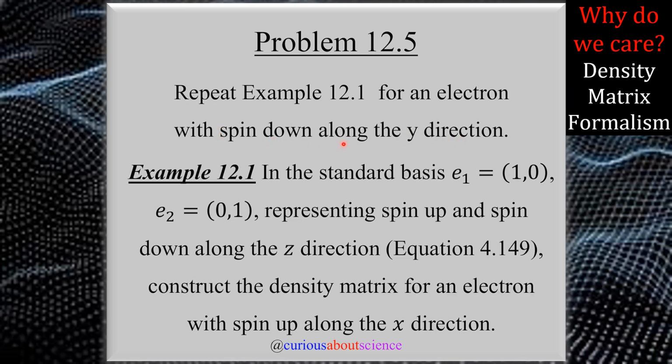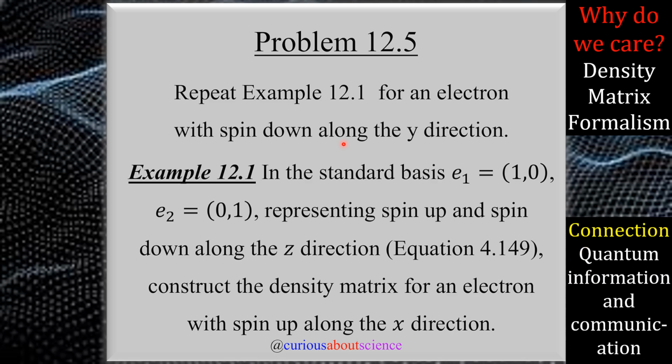Okay, so why do we care? Much like before, we see the advantageousness of the density matrix formalism, and although it's kind of clunky right now, it still encodes all the information we need for the states themselves and how they're entangled. Based on the feedback from a couple videos ago, the connection that this formalism has to the real world is that it is helpful in quantum information and communication.